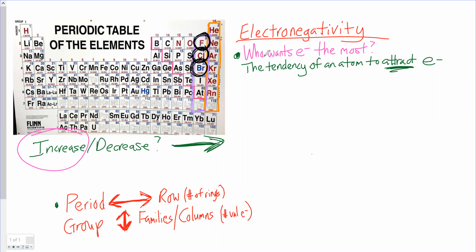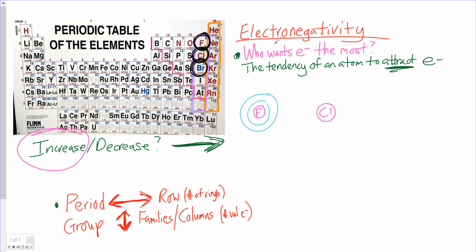Now, let me show you guys. Let's do a little visual aid, all right? Let's pretend here's fluorine. Let's pretend that's his nucleus. He would have 2 rings because he's on the second row. 1, 2 rings. All right, now let's do Cl. Here's his nucleus.